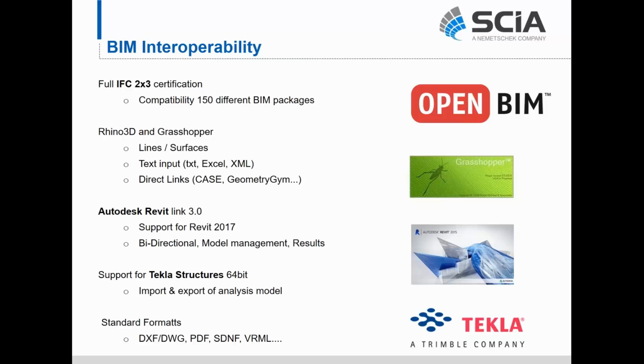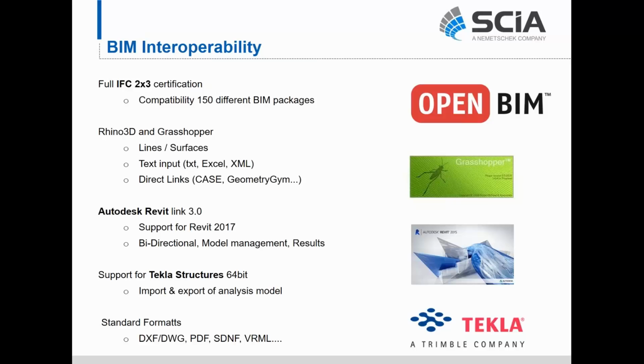So the big one, I think, in the U.S. market, and probably one of the most popular, is the Autodesk Revit link. SCIA offers a direct, bi-directional link, so it allows model management and results, and we do support up to Revit 2017, and that's a big one that we've been talking about with a lot of our clients and potential clients.